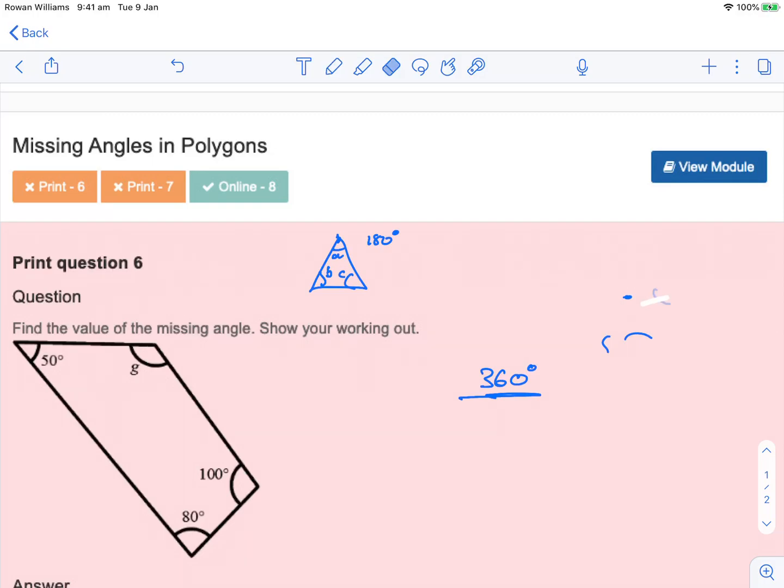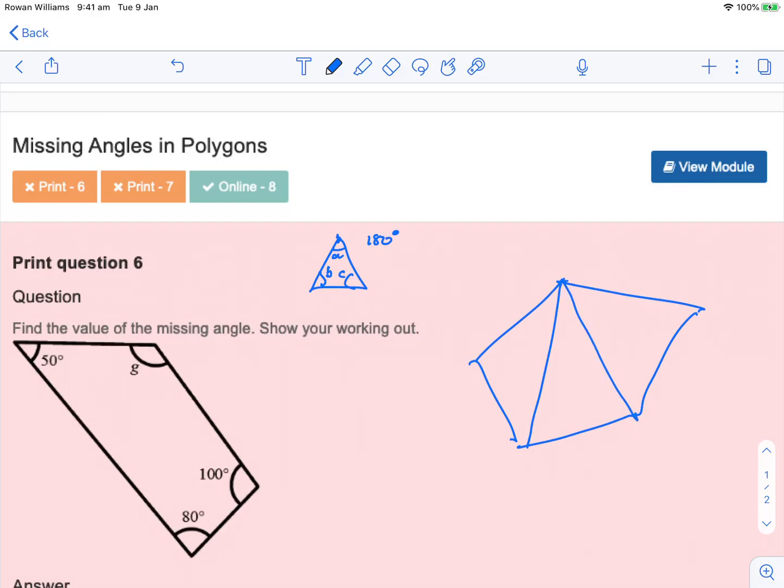If I have a five-sided shape, then I can make it with three triangles. It doesn't matter which way I do it, because all these angles add up to 180 there, and the rest of the way to there, plus that part there, will add to 180.